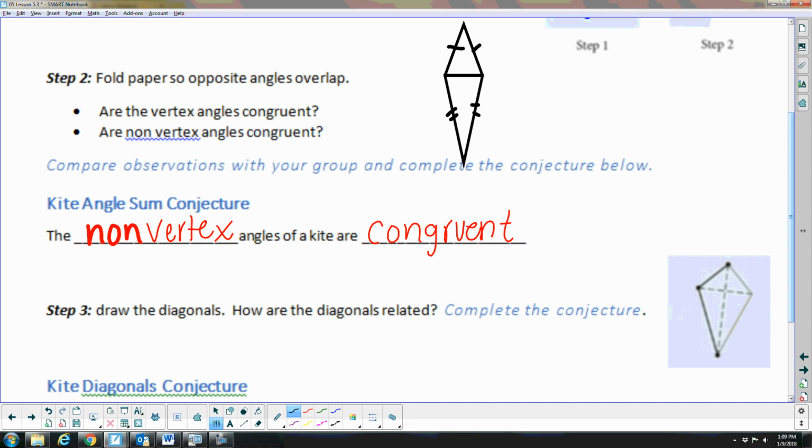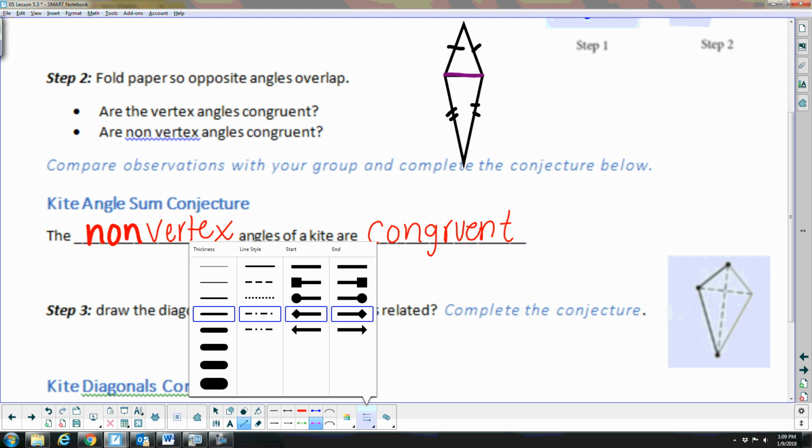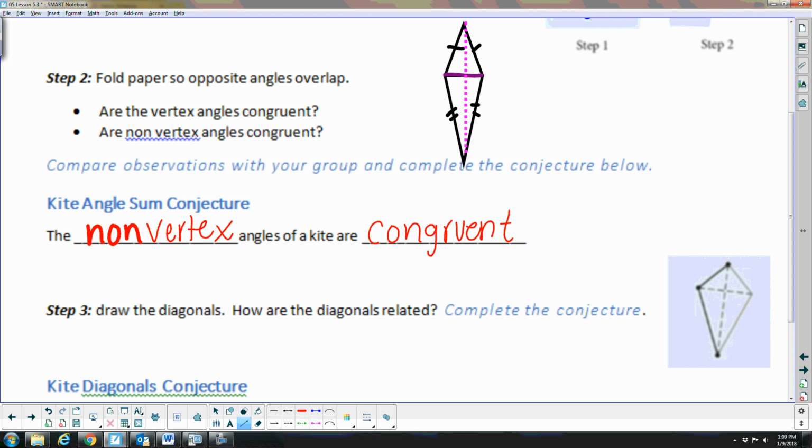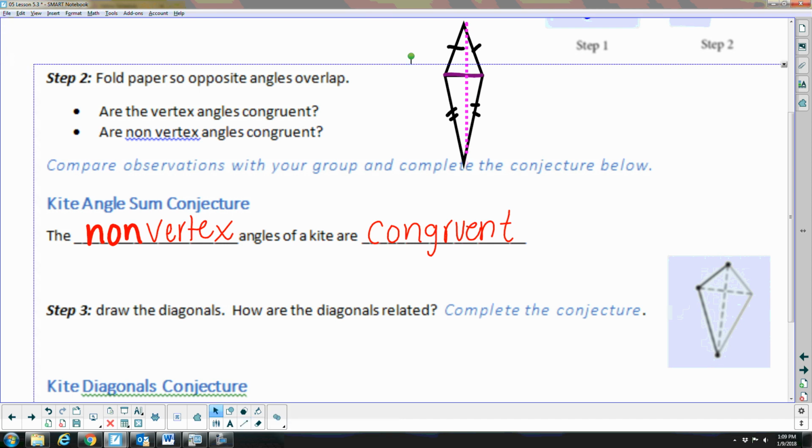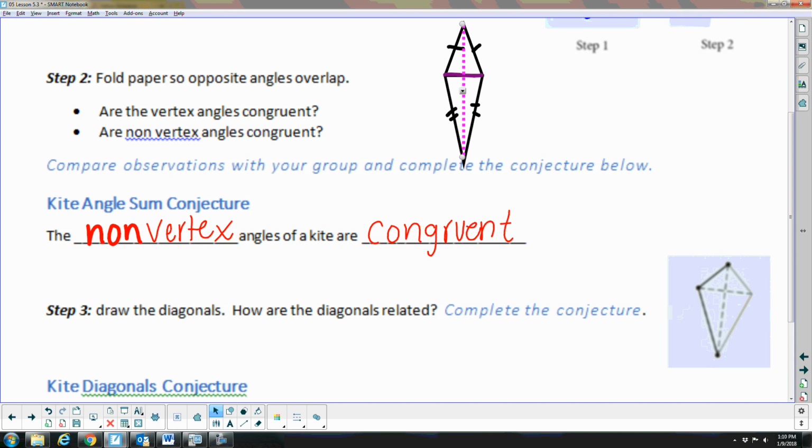If we were going to draw the diagonals, we would draw the diagonal connecting the non-vertex angles, and we would draw a diagonal connecting the vertex angles. I'll use the dotted line. This is a little off, but I can rearrange it here so it fits. There we go. All right, so those are our two diagonals.